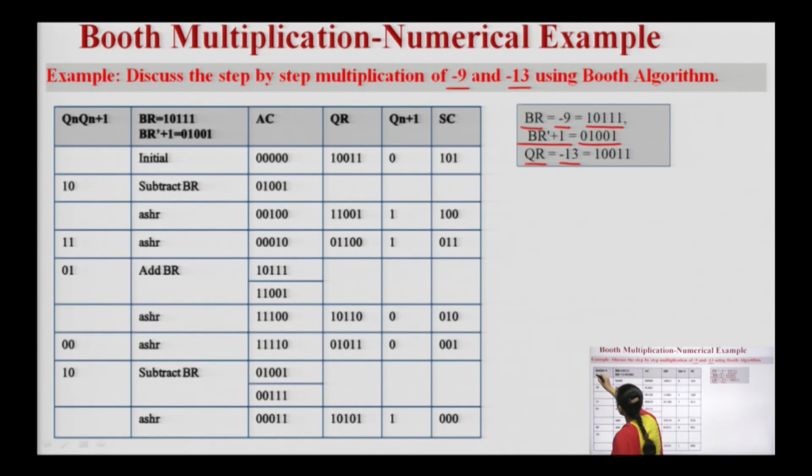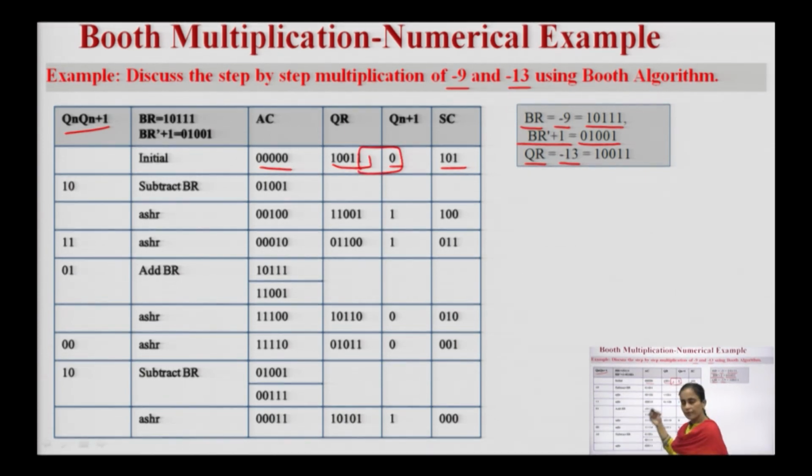So, the possibilities q1 and q1 plus 1, BR, AC, QR, q1 plus 1 and sequence counter. Initially AC is 5 times 0, QR is 10011, q1 plus 1 is initially 0 and sequence counter is 5. Here I am getting the possibilities as 1 0.